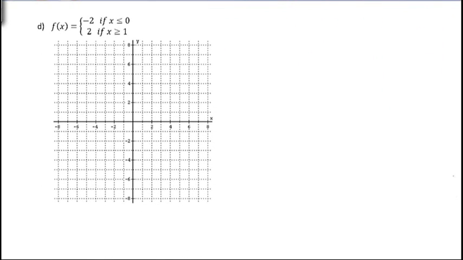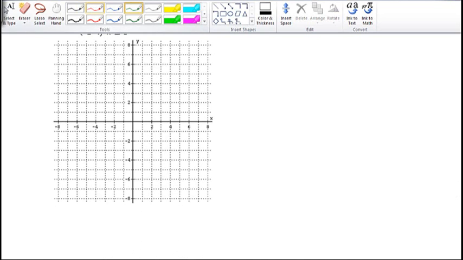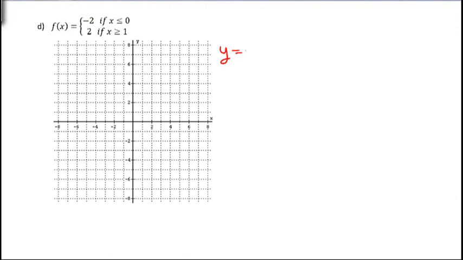Okay, so this one is a little bit different than the ones that we've seen before. So our first piece of this graph is y equals negative 2. And so this is a line. It's just a special type of line, and it's a horizontal line.